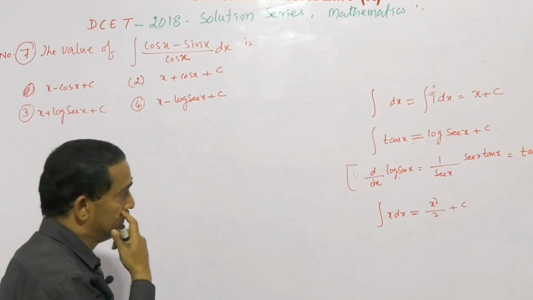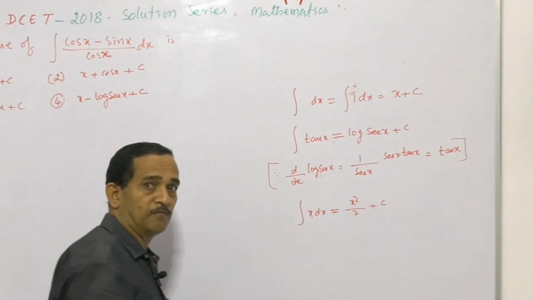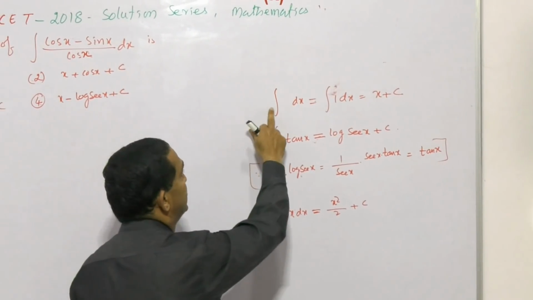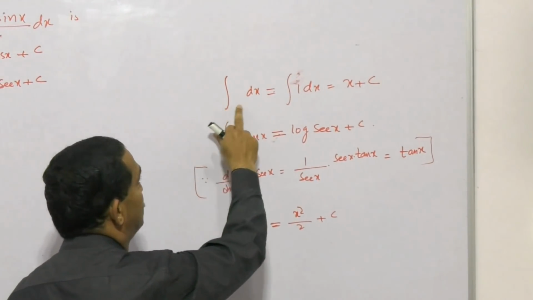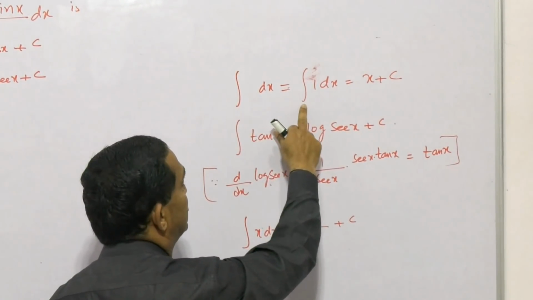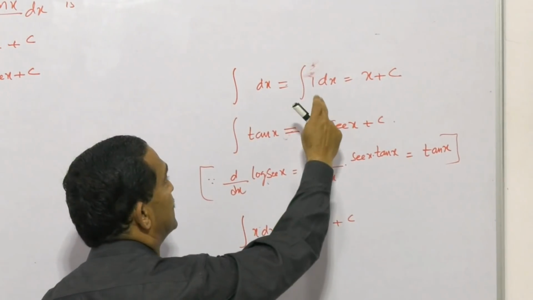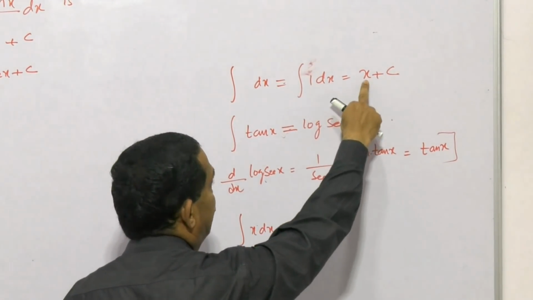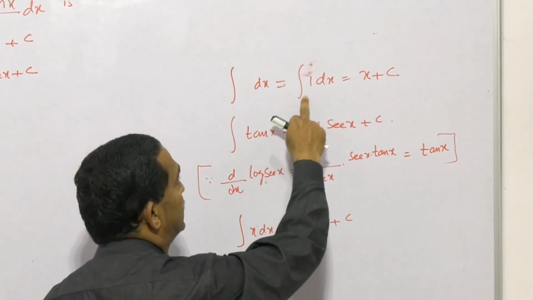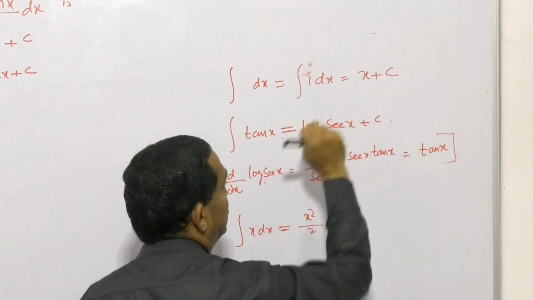Before solving this, we know the formula: integral of dx is the integral of 1 dx. If I differentiate x, I get 1. Therefore, integral of 1 dx is x plus c.